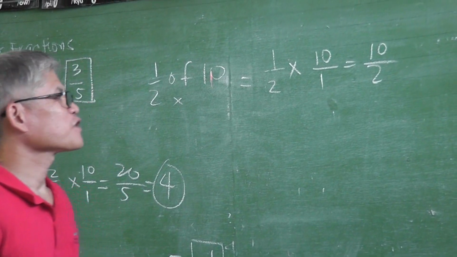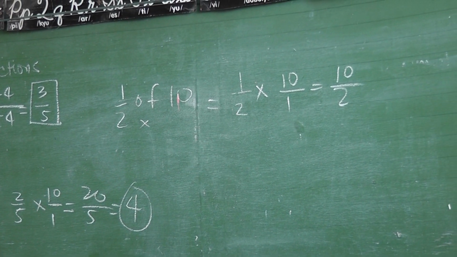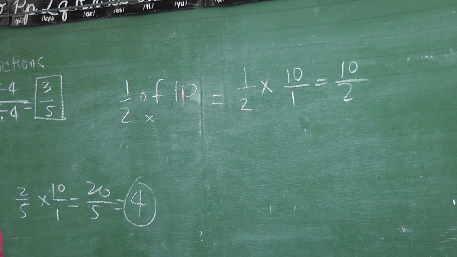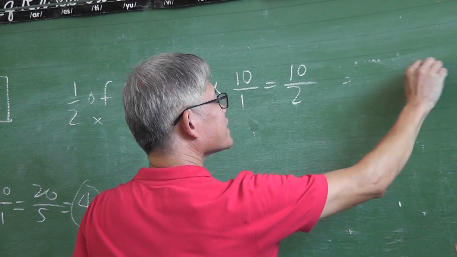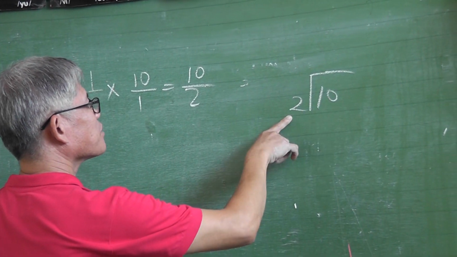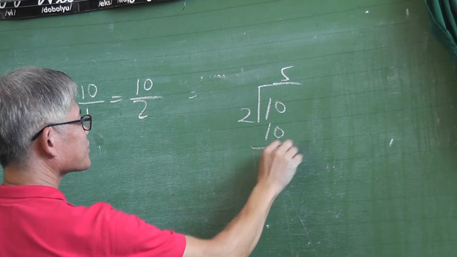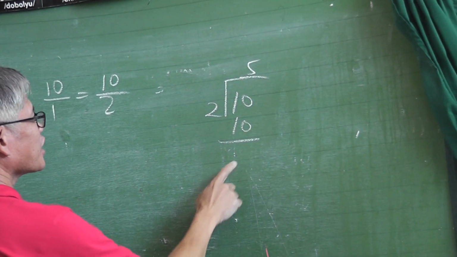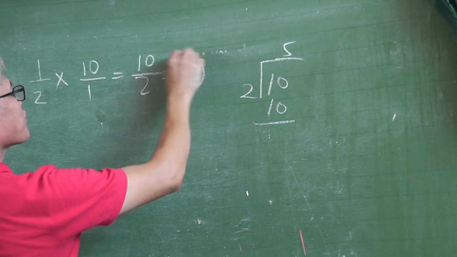So we'll find out if the answer is a mixed number or whole number. We'll divide. 10 divided by 2 is 5. 5 times 2 is 10. So we have no remainder, so the answer is a whole number.